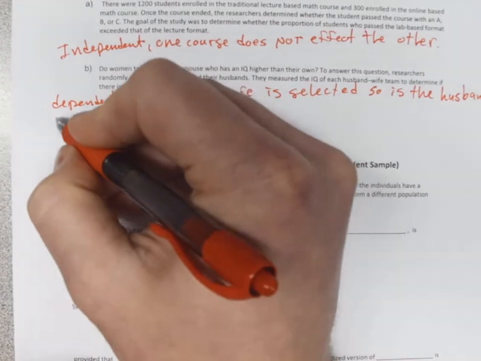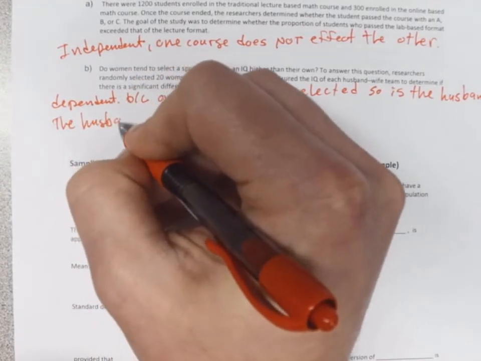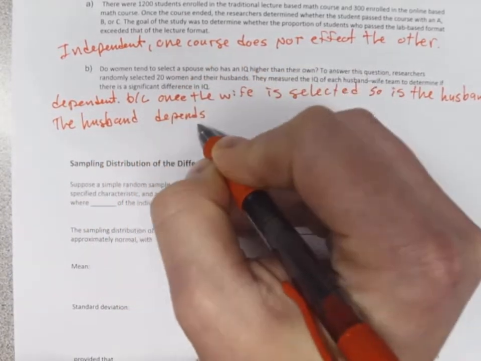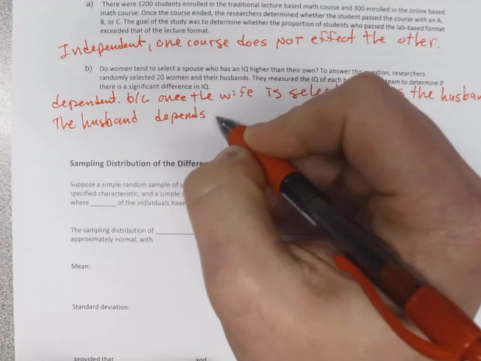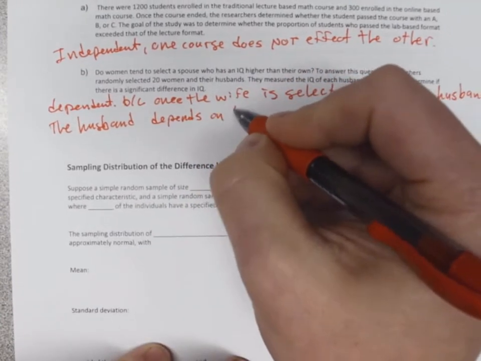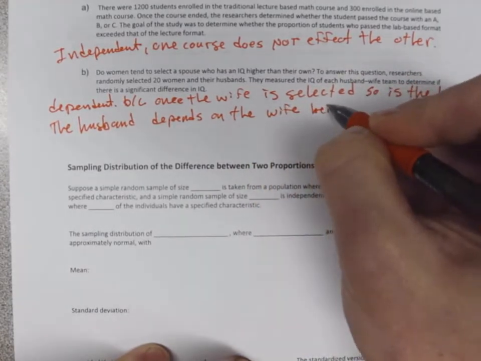That is, the husband depends, that's the key word, depends means dependent, depends on the wife being selected.